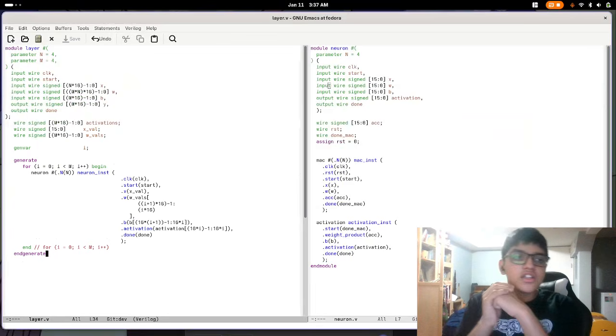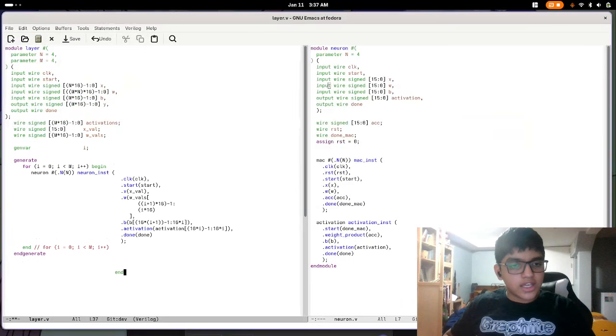So, once we're done generating, let me add the endmodule here. So then we need the always block, right?